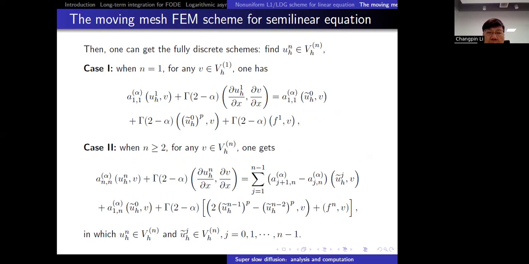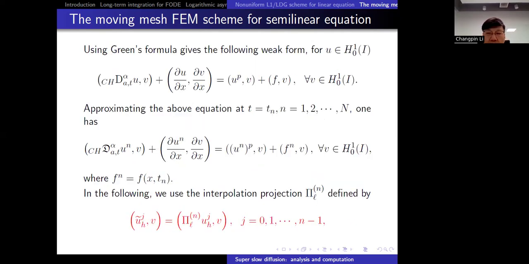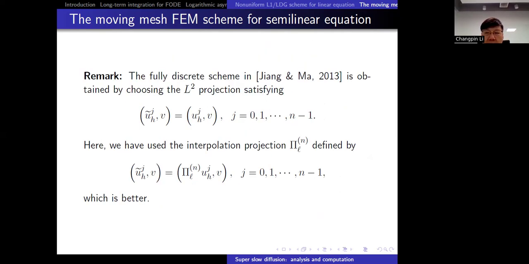In our talk, we use this one. But in this paper, they choose like this. Okay, but our choice is better.